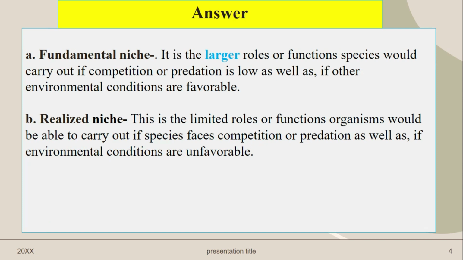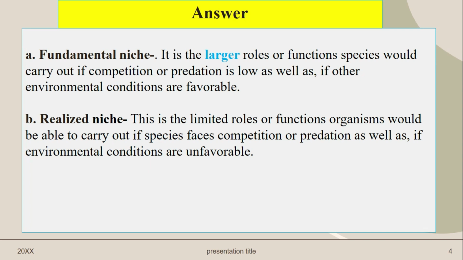All right, so let's get into the meat of the matter. Now, fundamental niche, let me read. It is the larger roles or functions species would carry out if competition or predation is low, as well as if other environmental conditions are favorable. So with a fundamental niche, the species will be carrying out a lot of functions.